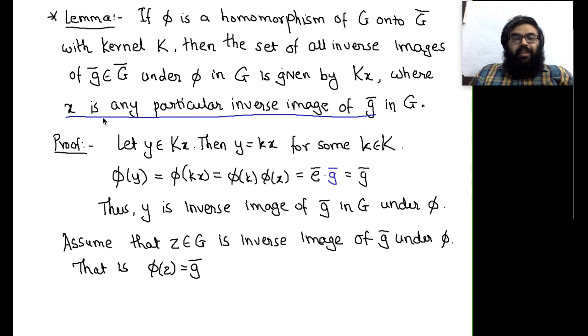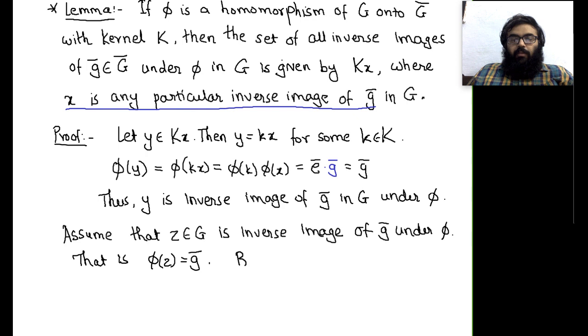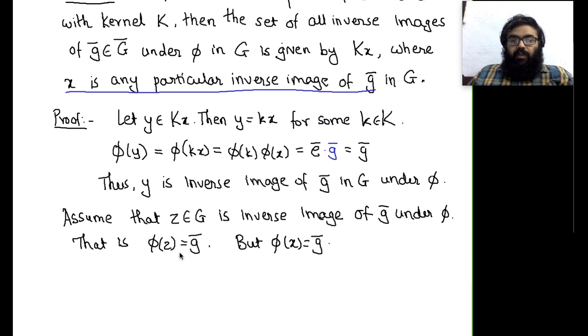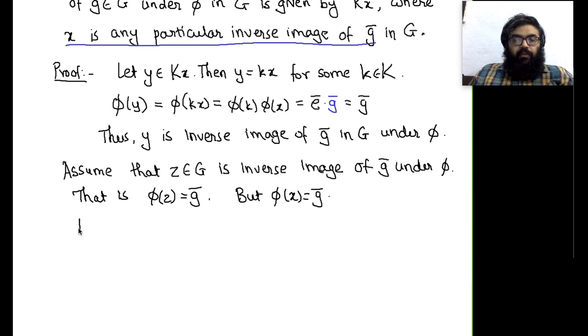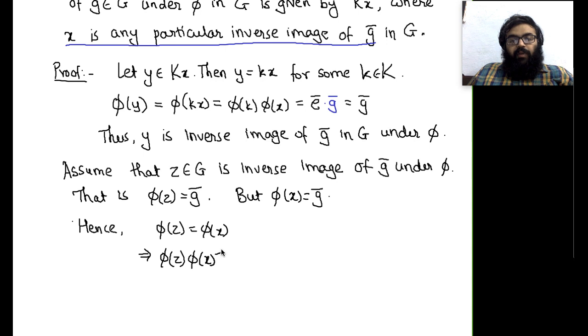But we already know x is a particular inverse image of G bar, so phi of x is also G bar. Hence we have phi of z equals phi of x. And what we do is multiply by phi of x inverse on both sides. So phi of x inverse, and this is E bar.